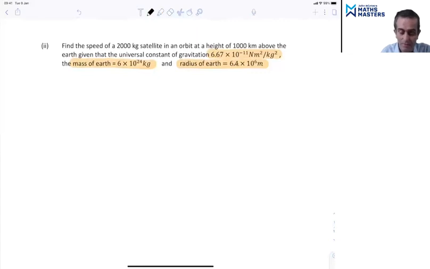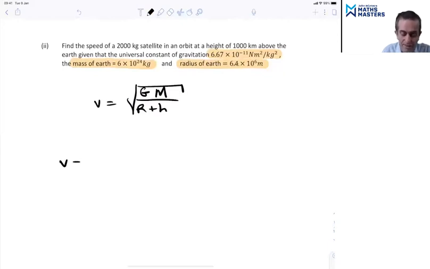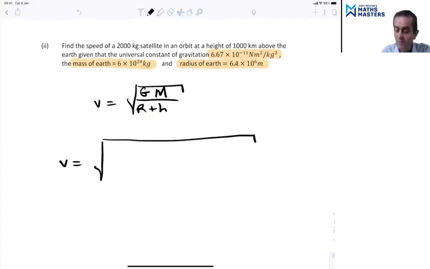So here goes. In part 1, we came to the conclusion that V is the square root of GM divided by r plus h. Now that means that V equals the square root of GM. Now G, according to the information we're given in the question, is 6.67 by 10 to the power of minus 11.